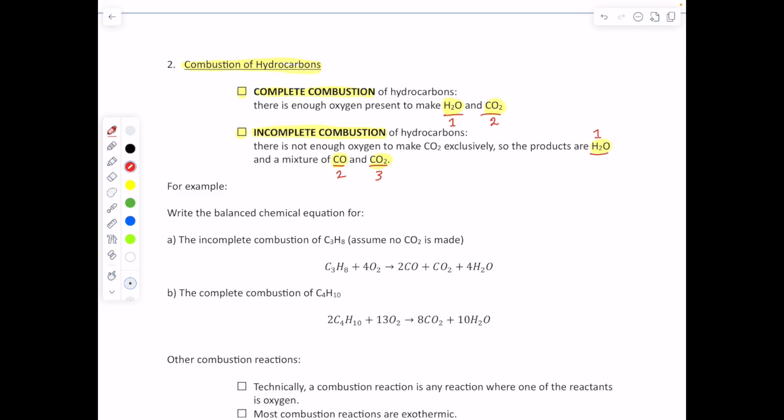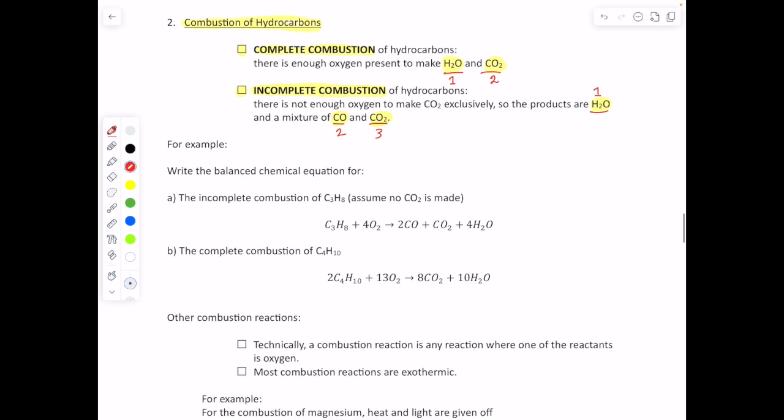For example, write the balanced equation for the incomplete combustion of C3H8, assuming that no CO2 is made. In this example, we can balance this equation.